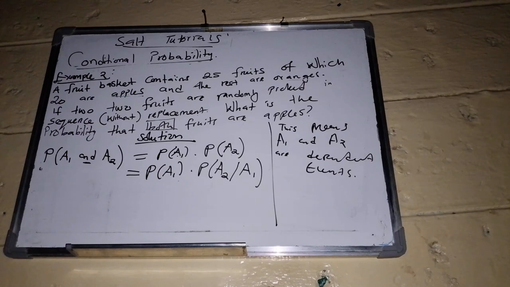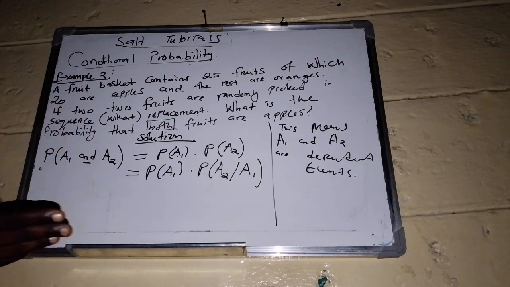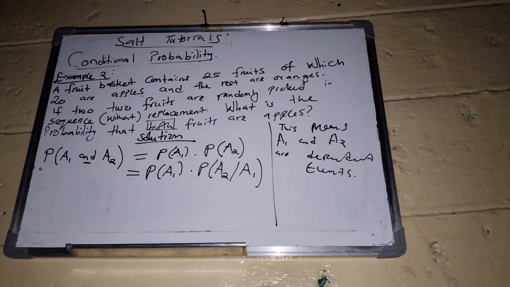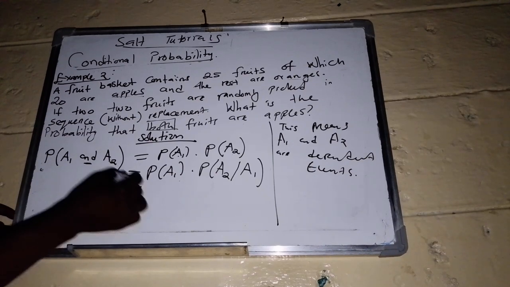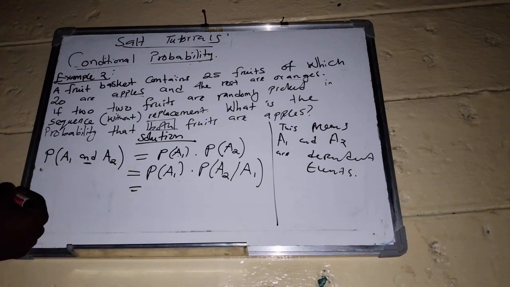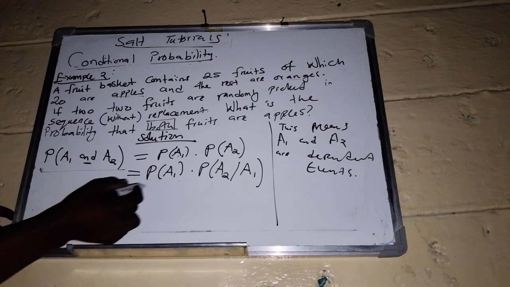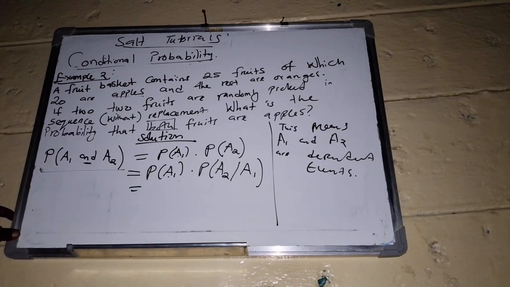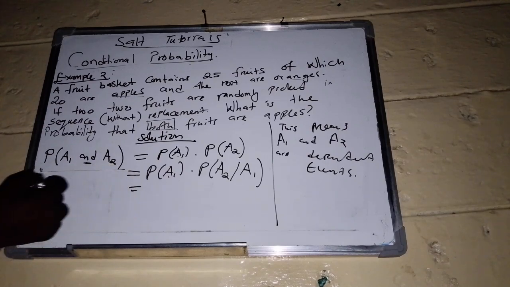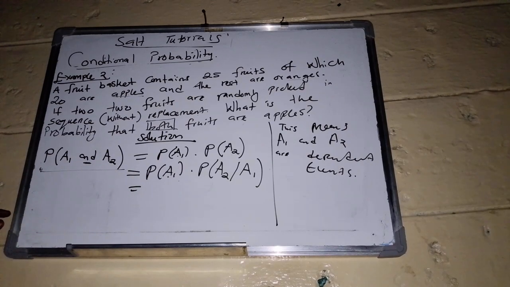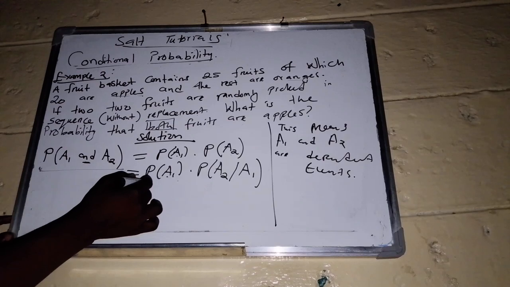So this is where the formula is coming from, the concept of conditional probabilities. So what is the probability of me picking my first apple? Favorable outcome: how many total number of apples do I have? I have 20 apples.